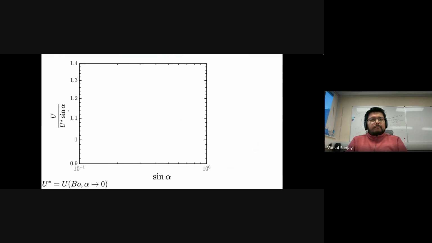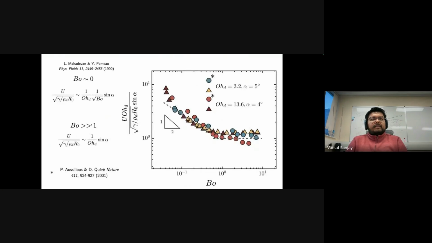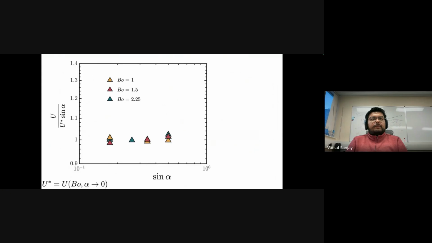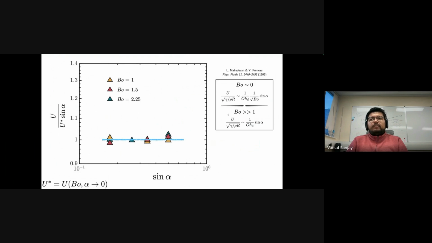Now, if both of these scalings are correct, then we expect basically a sine alpha independent plot over here, because remember that we have compensated the y-axis with sine alpha. For those two scalings to be true, we should basically expect a horizontal line, which is what we are getting over there, which is consistent with this picture of the velocity being proportional to sine alpha.